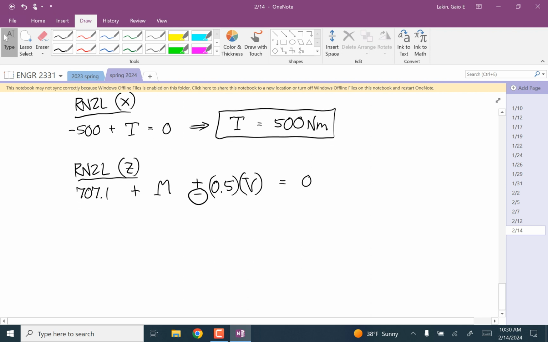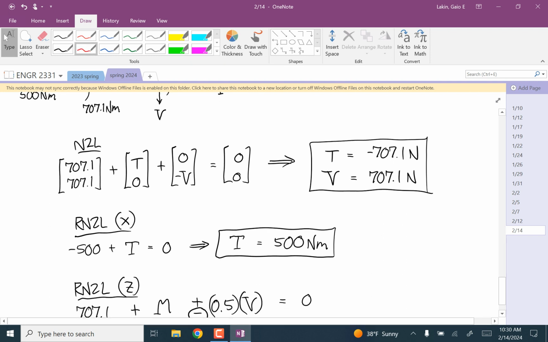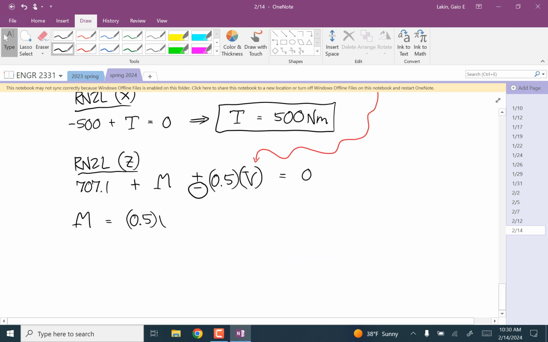And so we get M is equal to 0.5 times V, which we already calculated, minus 707.1.